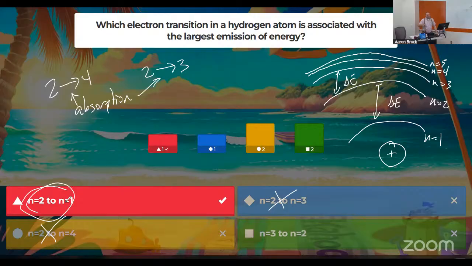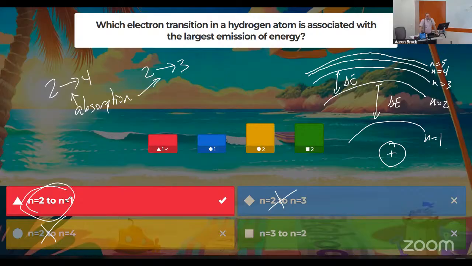As you get further from the nucleus, the energy gets closer and closer together, which is why we don't define ionization based upon a certain energy level. If you remember, we talk about something called the infinity energy level. What is n equals infinity?